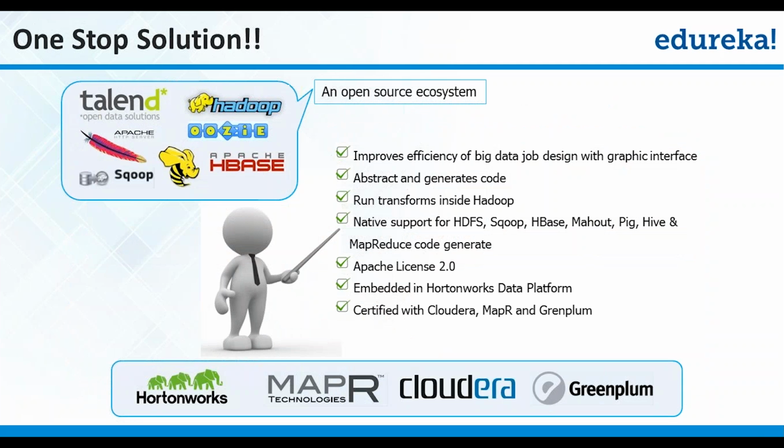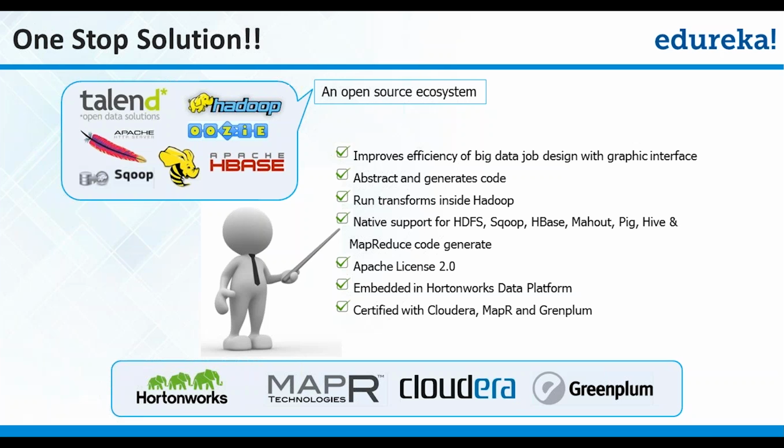When we talk about integration with big data, Talend works well with all of the major big data platforms, be it Hortonworks, MapR, Cloudera, Greenplum. You can do Oozie scheduling with Talend. You can create HBase tables. You can import or export data using Sqoop. Everything is available with the Talend solution.